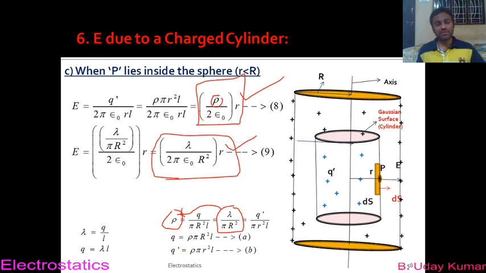Anyway, so this is electric field intensity due to a charged cylinder that we have discussed, and I hope it is clear. And remember, whatever the topics that we discussed till now, which is E due to point charge, E due to spherical charged conductor, and E due to charged sphere, and the next E due to line charge, E due to cylindrical charged conductor, and the next E due to charged cylinder.